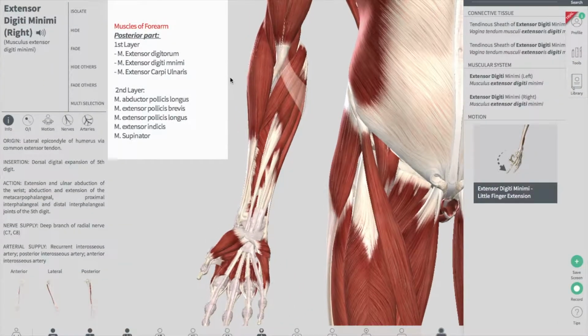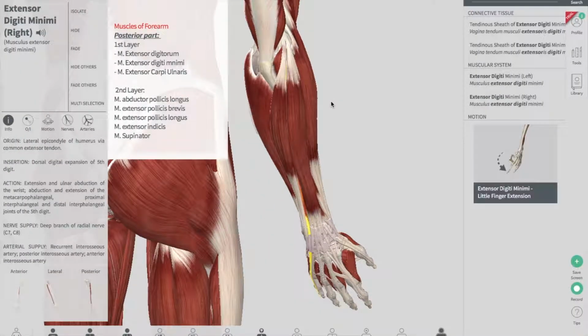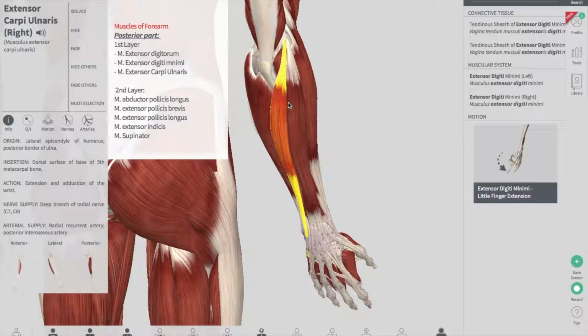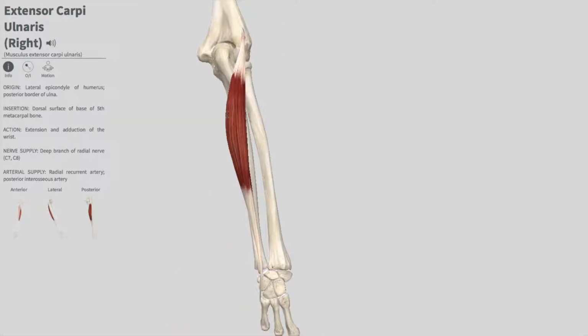All right, and then the next muscle in our list is the musculus extensor carpi ulnaris. Musculus extensor carpi ulnaris is this muscle right here, and this muscle is actually going to originate from the lateral epicondyle of the humerus and also the olecranon.